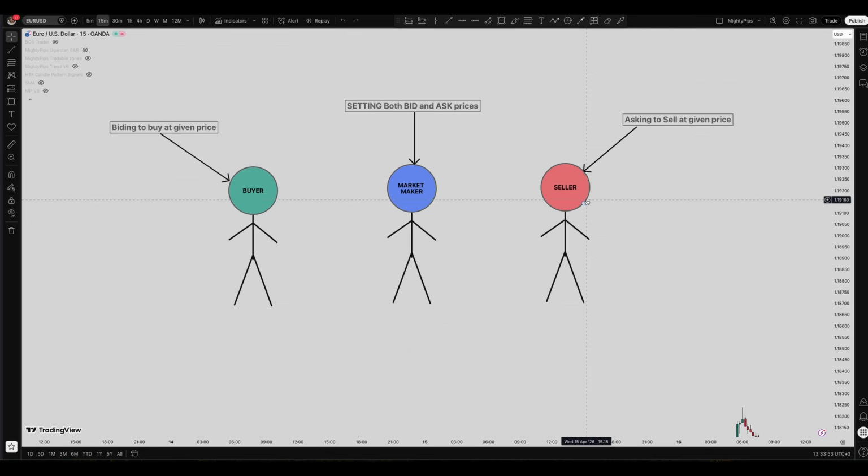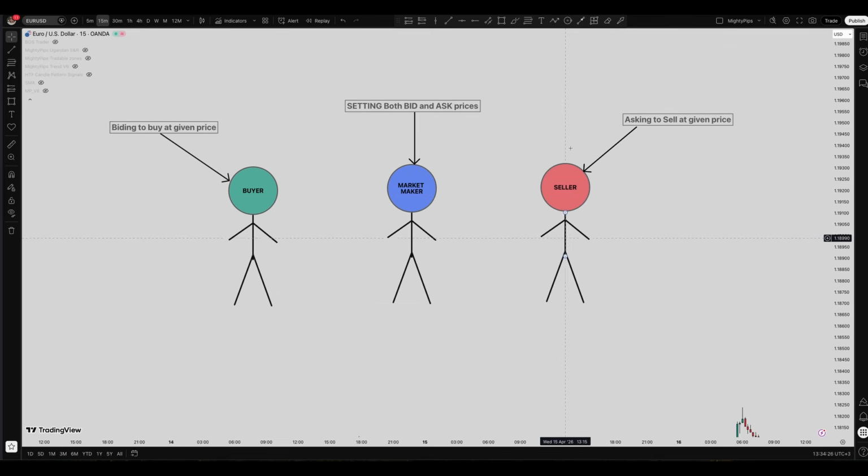For example, if the sellers are selling at $100 and the buyers are willing to buy at $102, the market maker will offer the buyers a very good price instead of the price that the buyer was willing to buy at. If the buyer was buying at $102, the market maker will tell the buyer, I will give you at $100, and then he will tell the seller, I will only buy at $99, something like that.